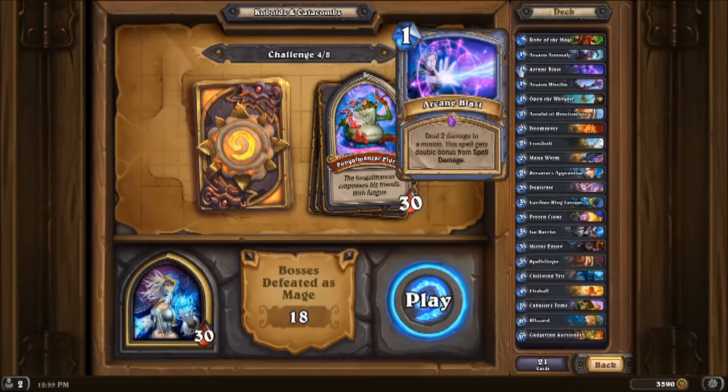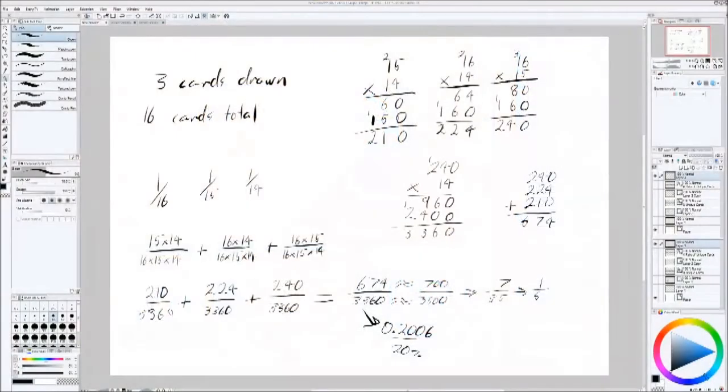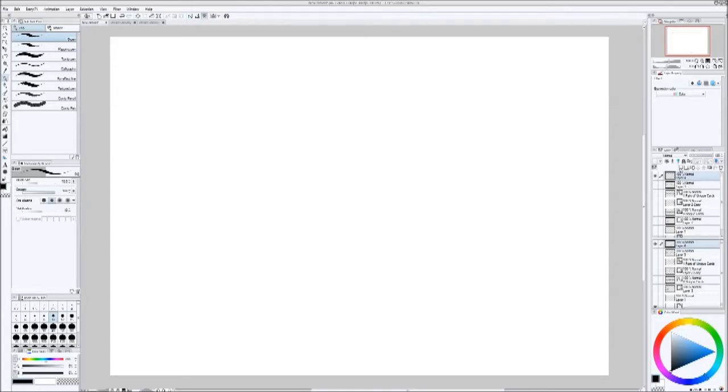So it's still those 3 1 costs. So if we switch back to where we were figuring it out, we've got those 3 1 costs, 3 times 1 cost, and 20 cards total.